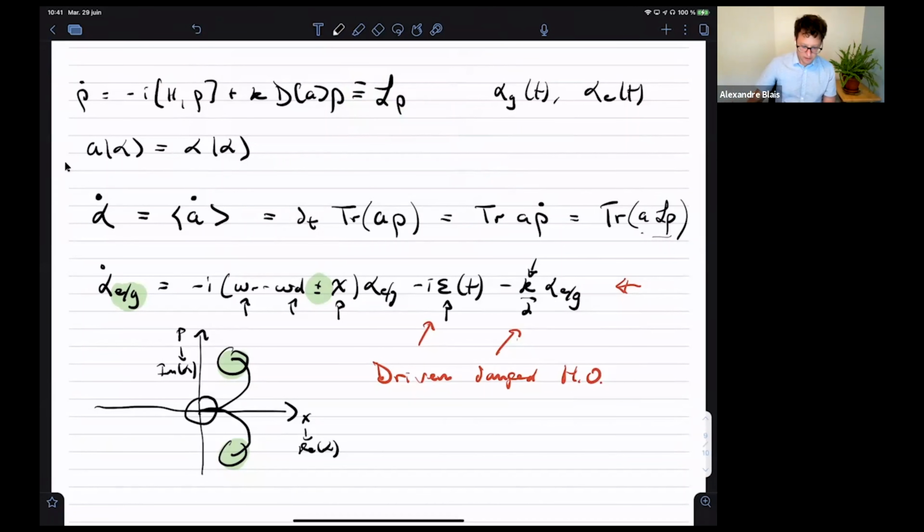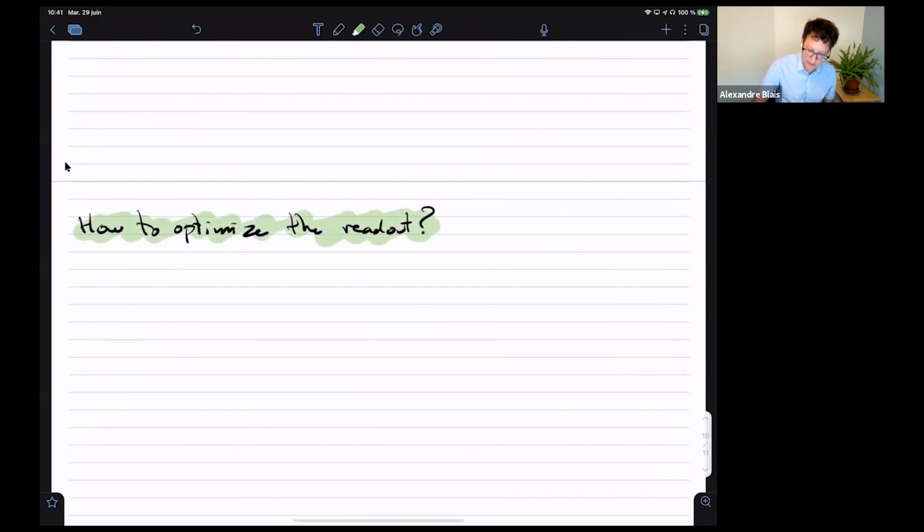Okay, so let me now talk about how to optimize the qubit readout. And what are the challenges in doing this?